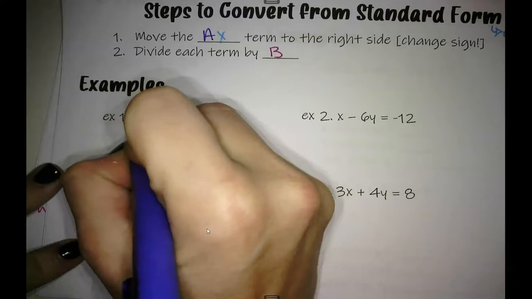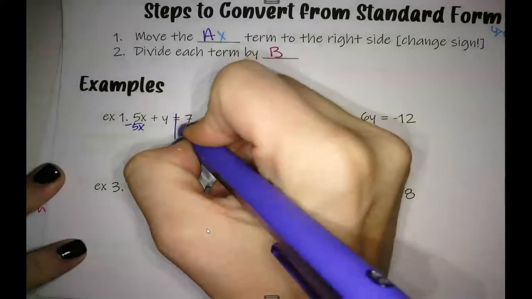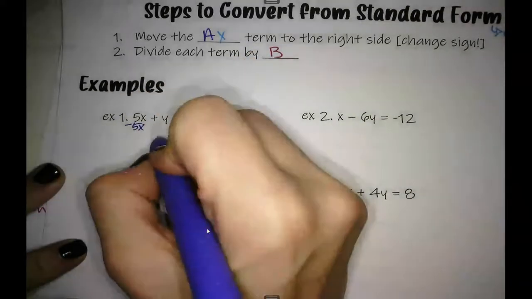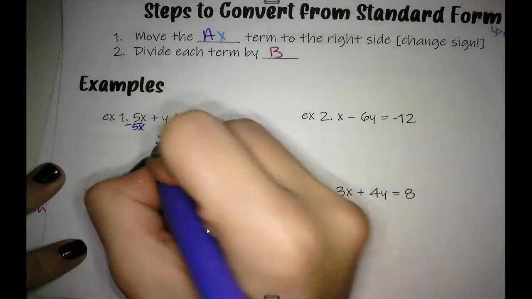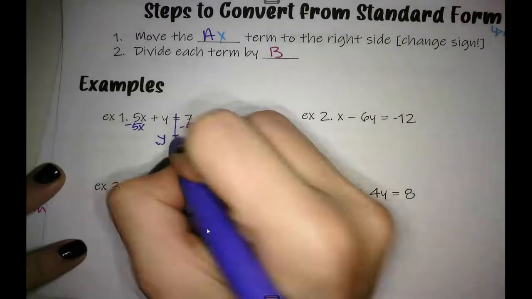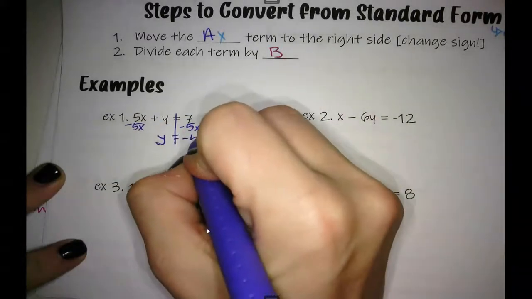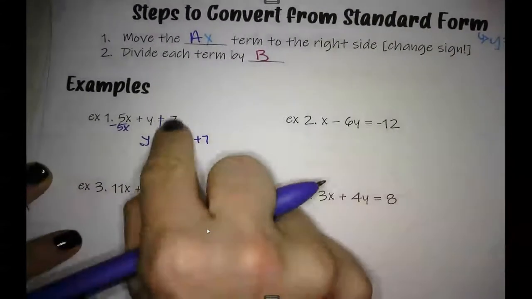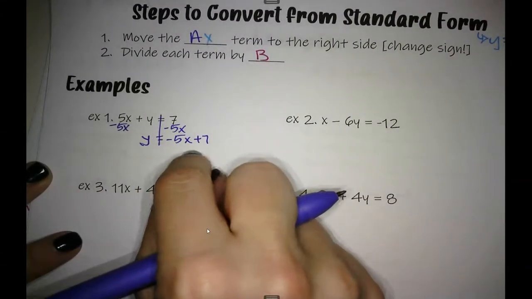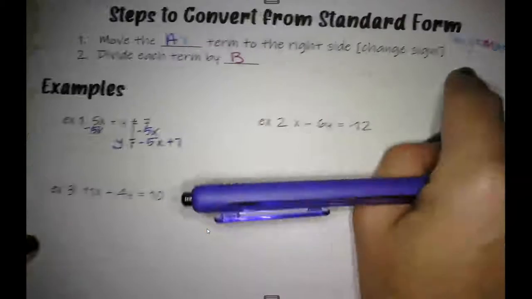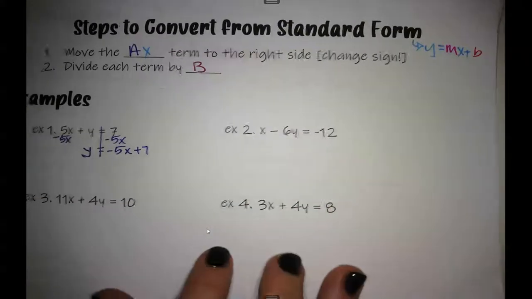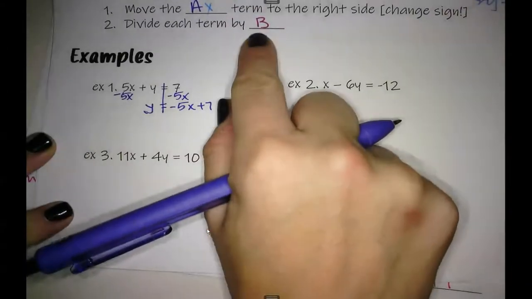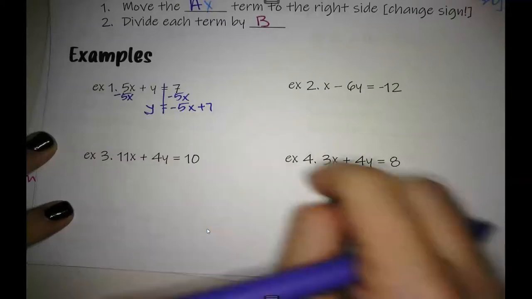So I'm going to subtract 5x from this side and subtract it from this side. What I'm left with is y equals minus 5x plus 7. When you rewrite this side, put the x value first, because then it will look more like our slope-intercept form. So then now I would divide each term by b. In this case, I don't have a b.